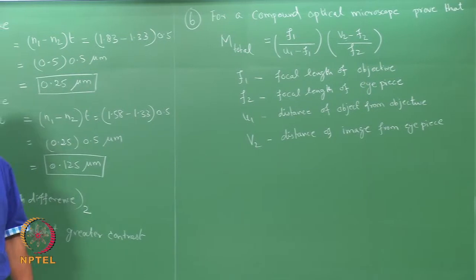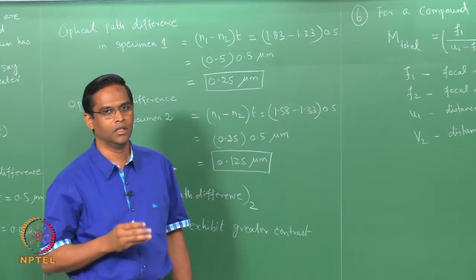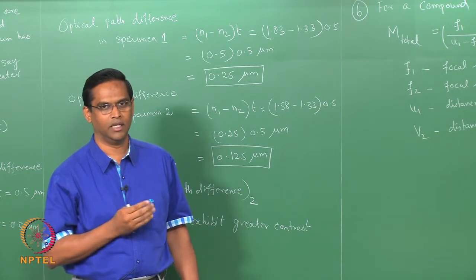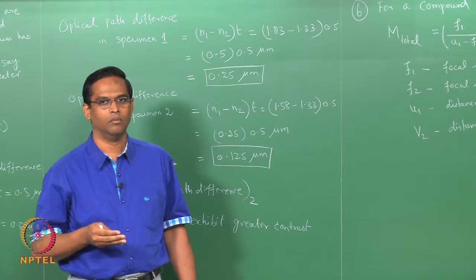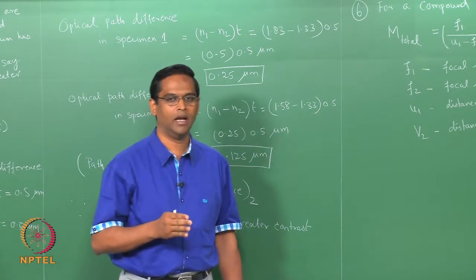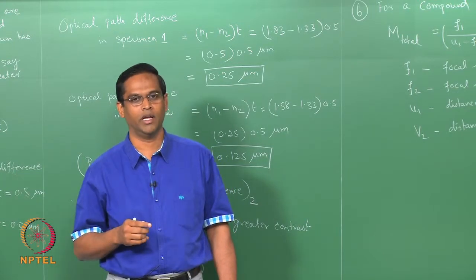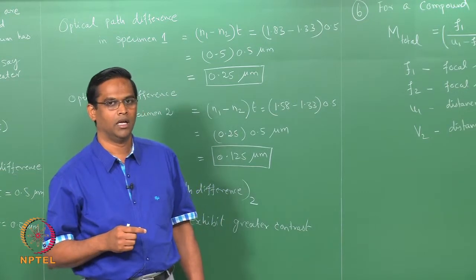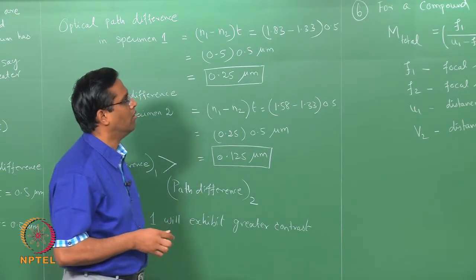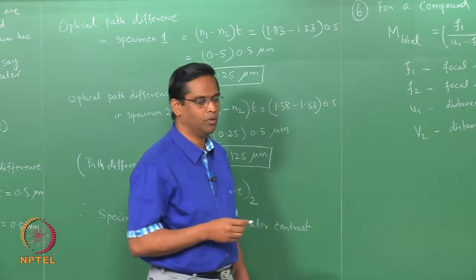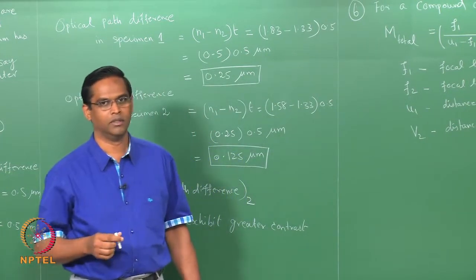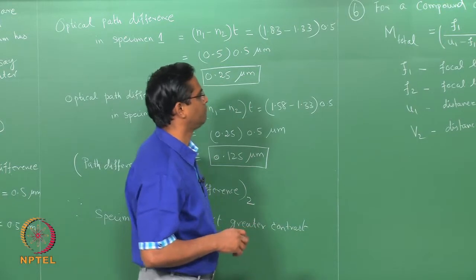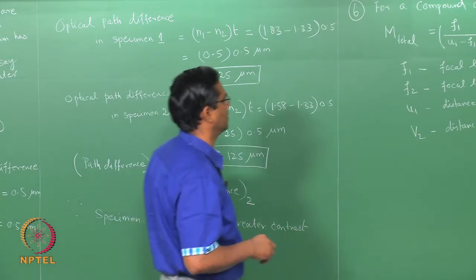Before you make an attempt to solve this kind of derivation, you better go back and look at the ray diagram we have discussed in the class for a compound optical microscope. If you recall the ray diagram, then it is very easy to derive this.